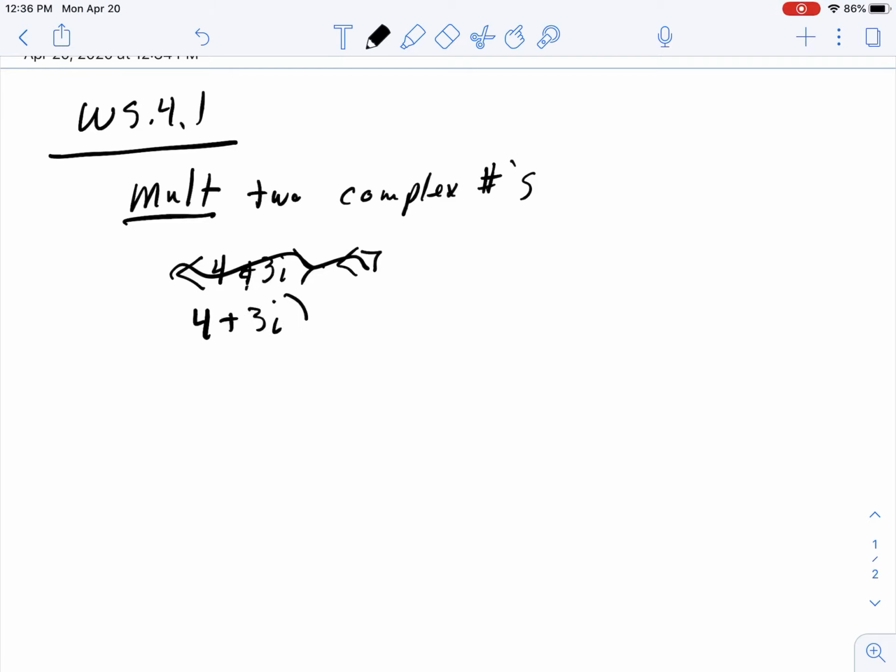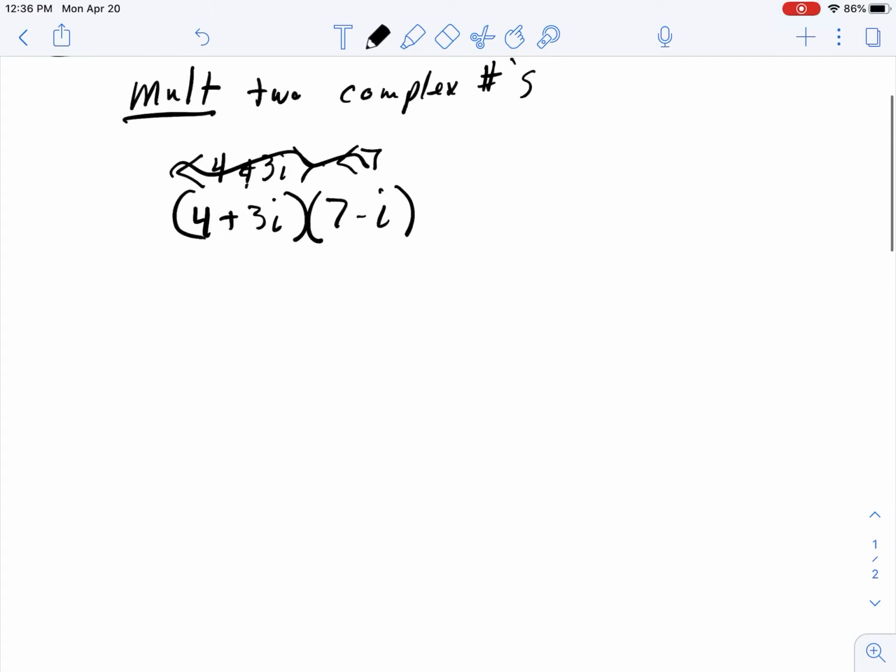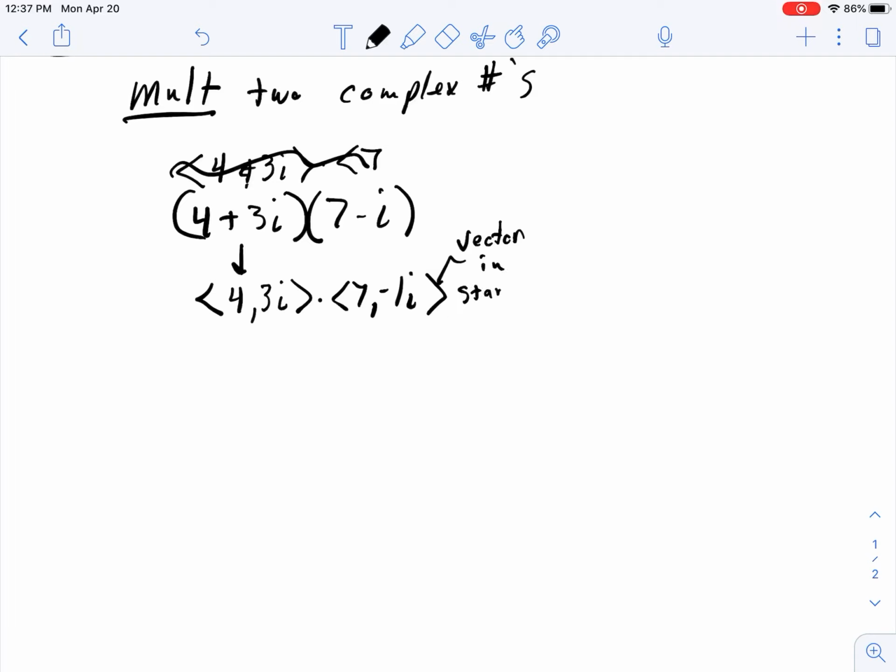Actually, it's written like this: 4 plus 3i times 7 minus i. Now, I mentioned that this is the same thing as 4 comma 3i and 7 comma negative 1i. And basically, if you graph these two things out, it is referred to as a vector in standard form.